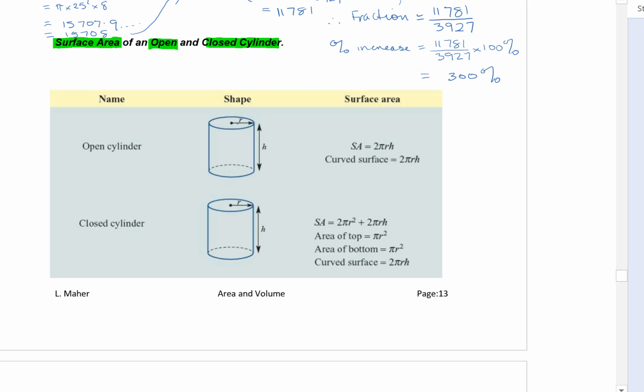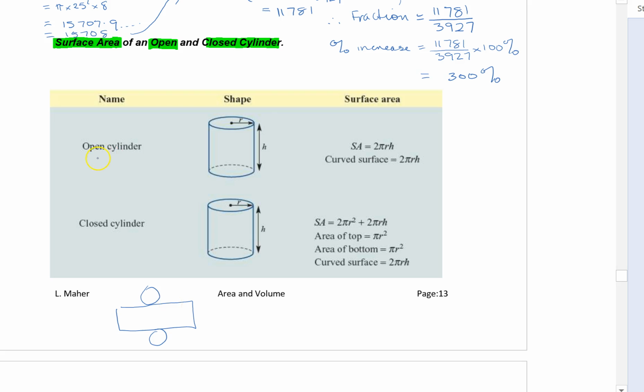And for a cylinder, it's made of a rectangle and 2 circles. So this is the top, the bottom, and this is the curved bit that gets folded around and makes, altogether, all 3 surfaces make the cylinder.